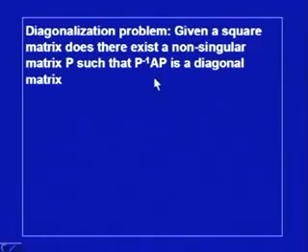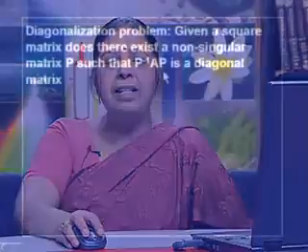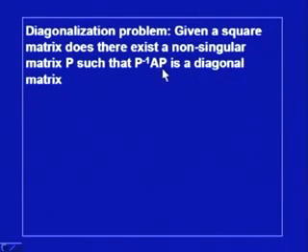We have seen that P inverse AP is similar to A, and this will be a diagonal matrix, and we can easily perform a variety of algebraic operations on diagonal matrices. So, if we can perform operations on the diagonal matrices, we can perform operations on the square matrix A. That is the purpose of diagonalization of a square matrix.